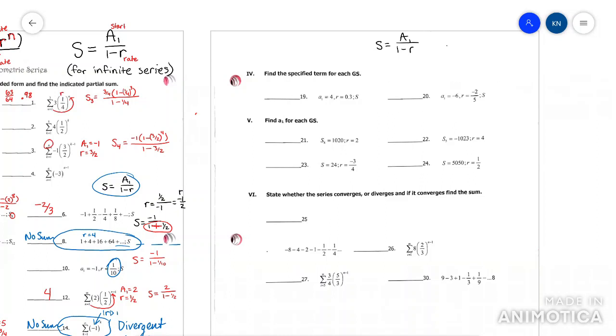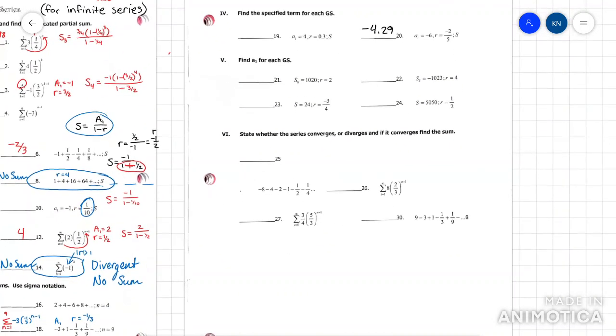So you have -6 over 1 minus r, which was -2/5. So if you do this right, you should get -30 over 7. Or you could have done it with your calculator and gotten a decimal. It would have been like -4.29. So that's how you're going to do those two.